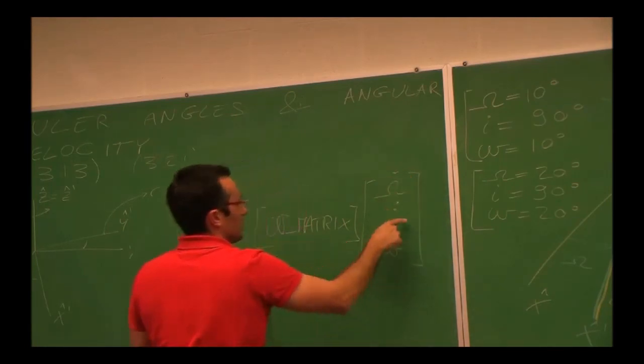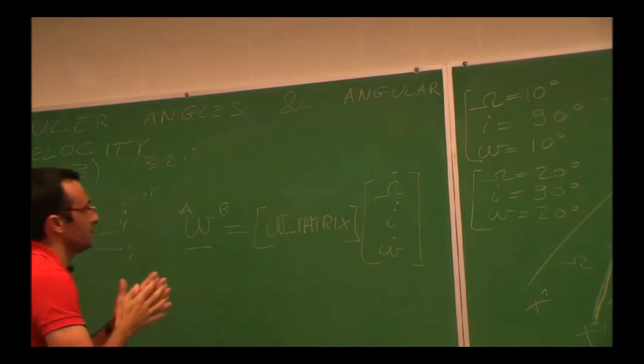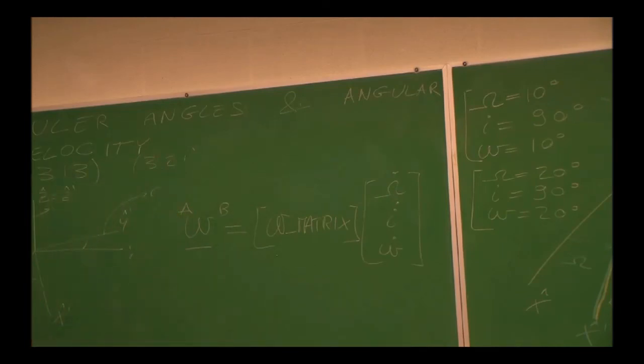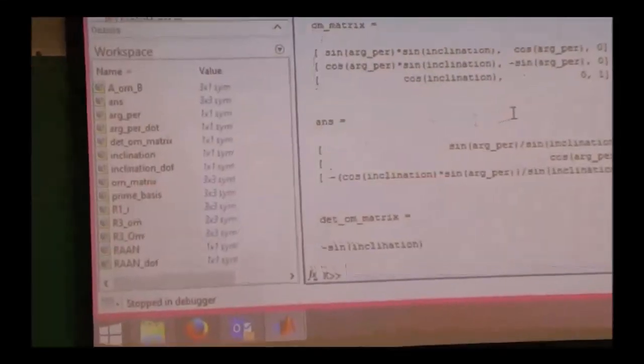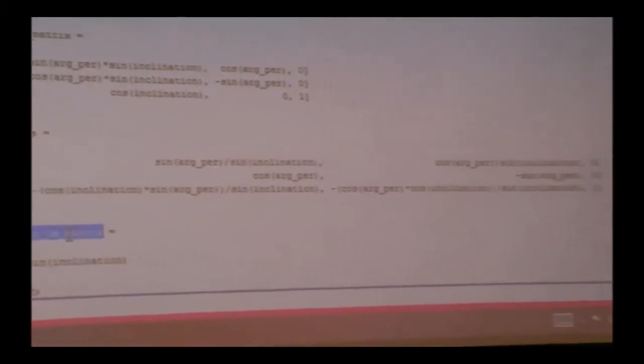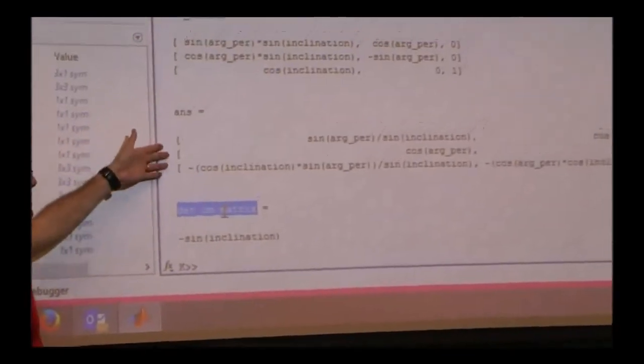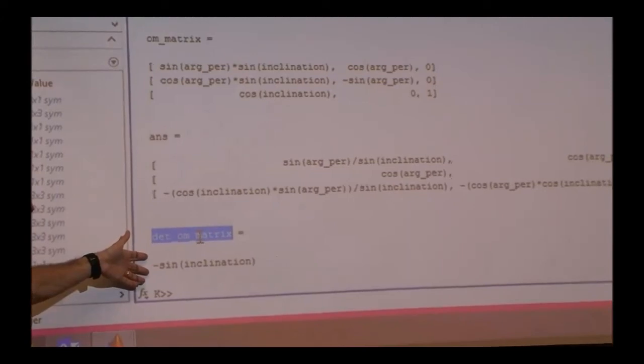Say that you want to invert this. You need to invert that matrix. I'm actually doing it there, but rather than looking at the entire inverted matrix, you can just look at the determinant of that.